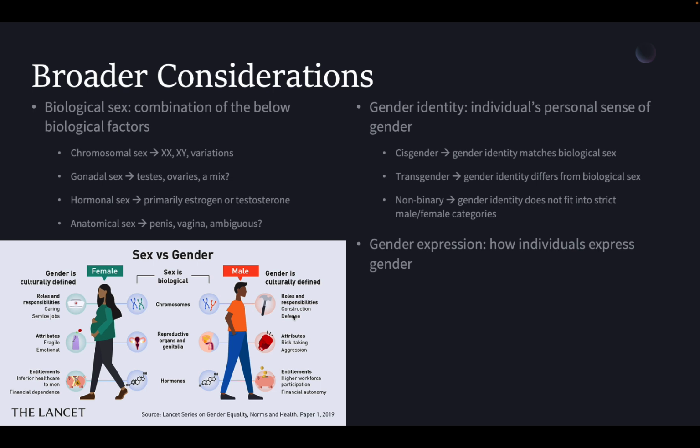For the majority of people who have XX, they develop ovaries, they produce estrogen, they have a vagina, we would call them female. The majority of people who have XY are going to have testes, produce a lot of testosterone, have a penis, and we would call them male.